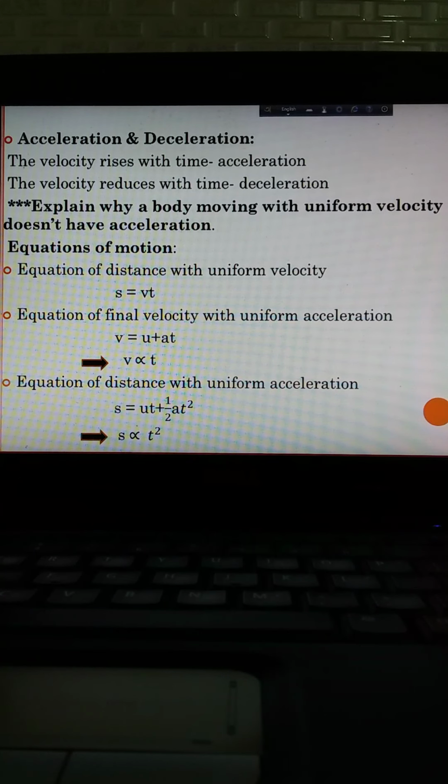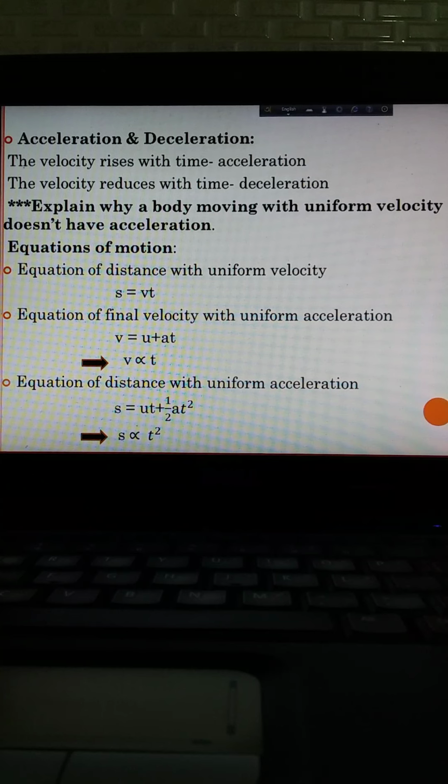But in terms of uniform velocity, neither the magnitude nor the direction can be changed. Both remain the same, so there is no chance of having any acceleration. That's why we can say if a body moves with uniform velocity, it doesn't have any acceleration.